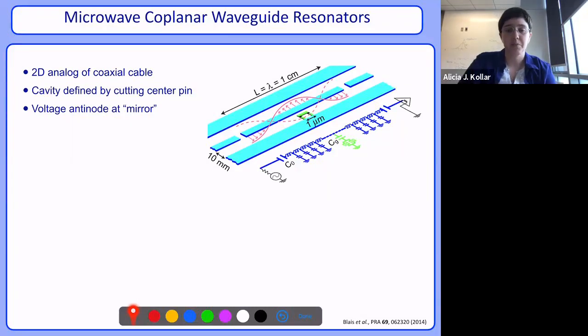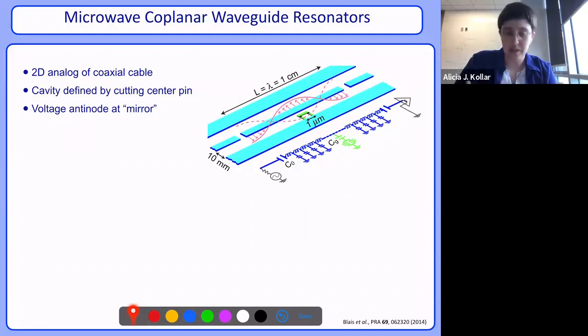The first building block is a microwave resonator, or a microwave cavity. This is a schematic of our favorite, and we're going to use a lot of the properties of this thing. What you're seeing in this cartoon is how the metal layers would look on top of our substrate. There are these two big bars of metal on the side, and these are going to be grounded.